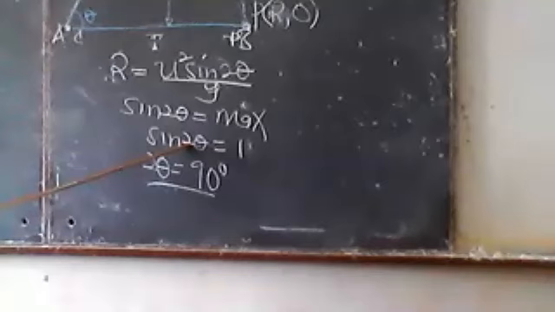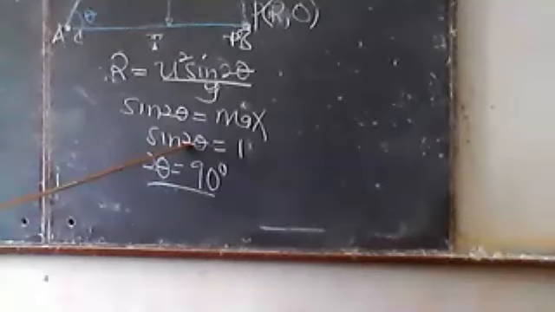So we are winding up. So this means that the angle corresponding to maximum range is 45 degrees. And we have just said that maximum range is obtained when sine 2 theta is 1. So the maximum range is u squared over g.